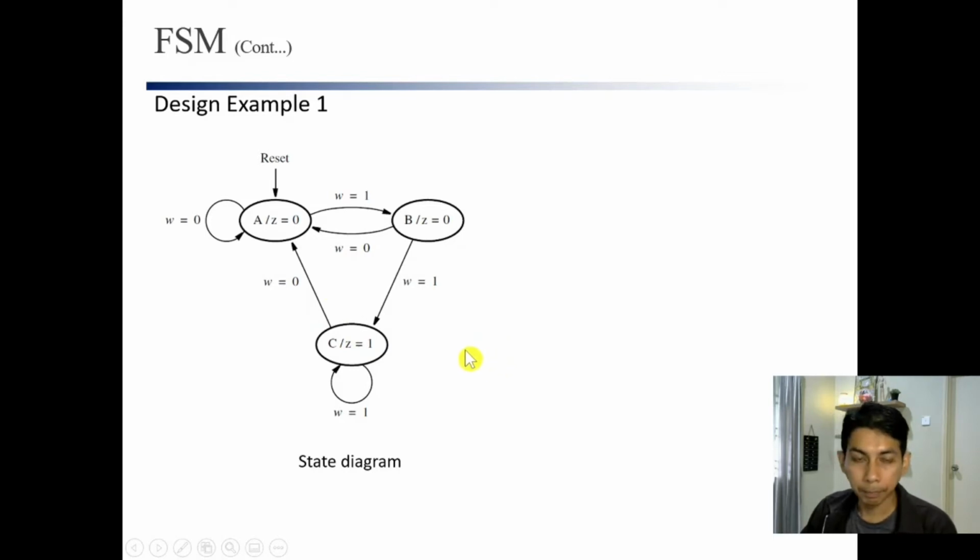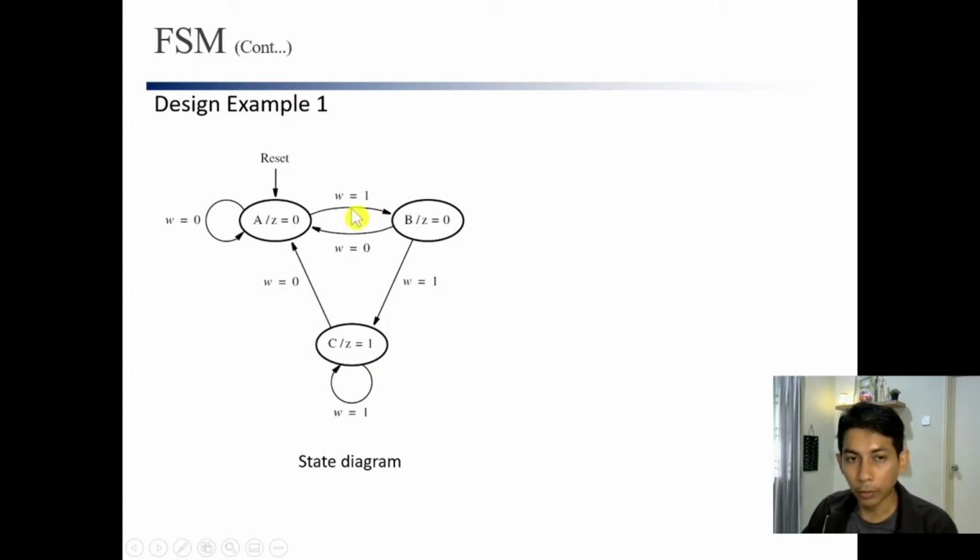If you have only one flip-flop, you can only represent two states: 0 represents the first state, and 1 represents the second state. But if you have more than two states, you need more flip-flops.